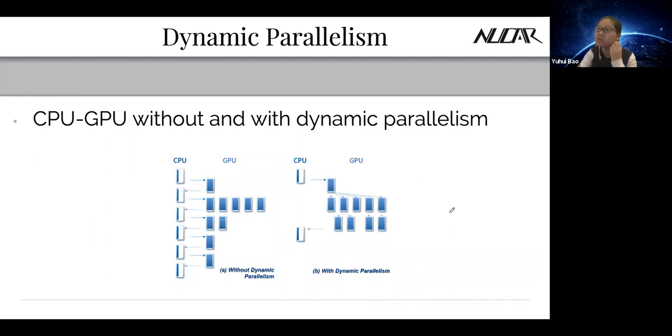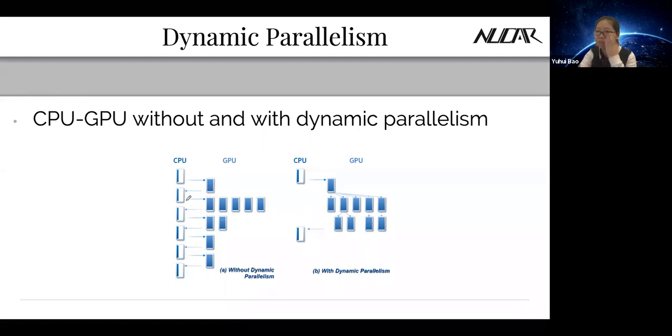This is another example. In the normal case, the CPU launches a kernel, the kernel executes on the GPU, then the data is copied back to the CPU. Maybe it's data that needs to be processed in other places, like some information sent to an advertisement website.